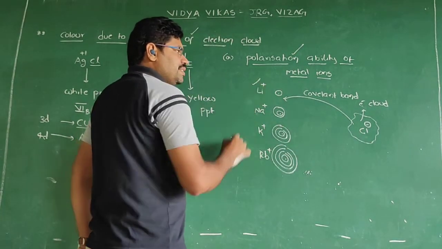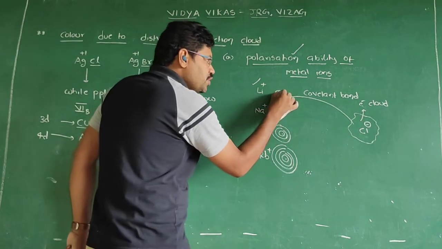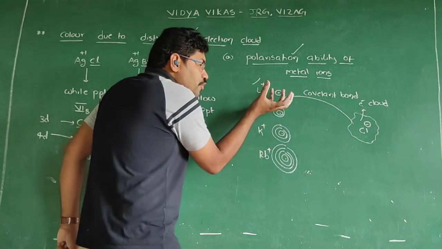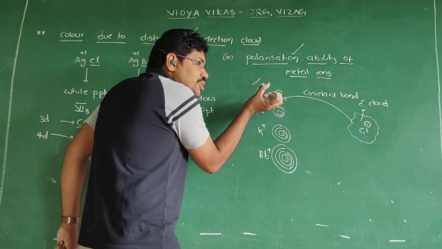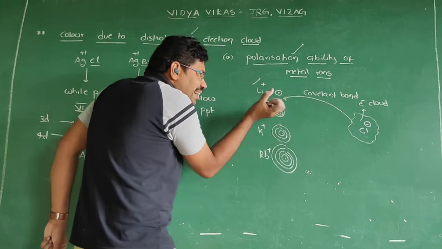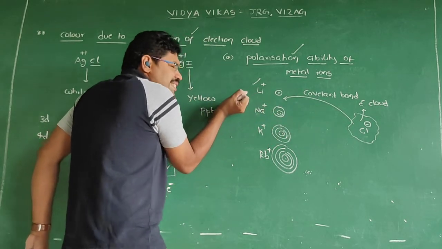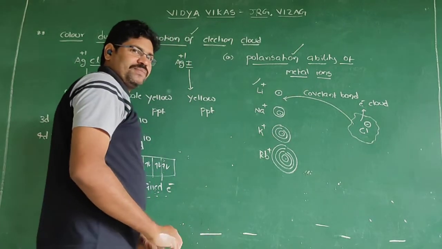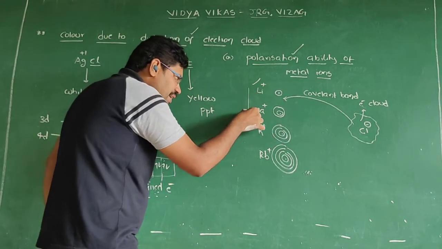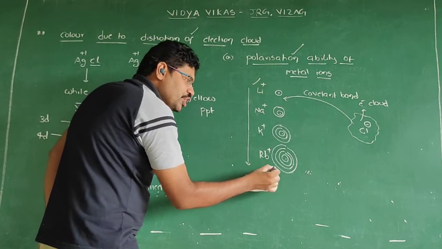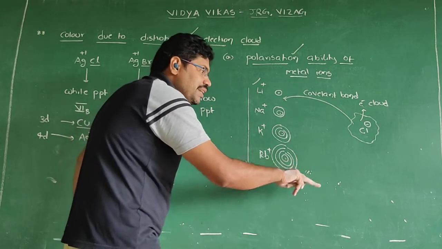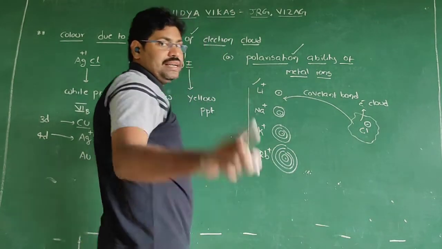LiCl is more covalent because lithium is small in size, nucleus attraction force is very high, so it strongly attracts the electron cloud towards itself, so more polarizing ability, dear students. Once atomic radius increases, nucleus attraction force decreases, and polarizing ability also decreases, dear students.